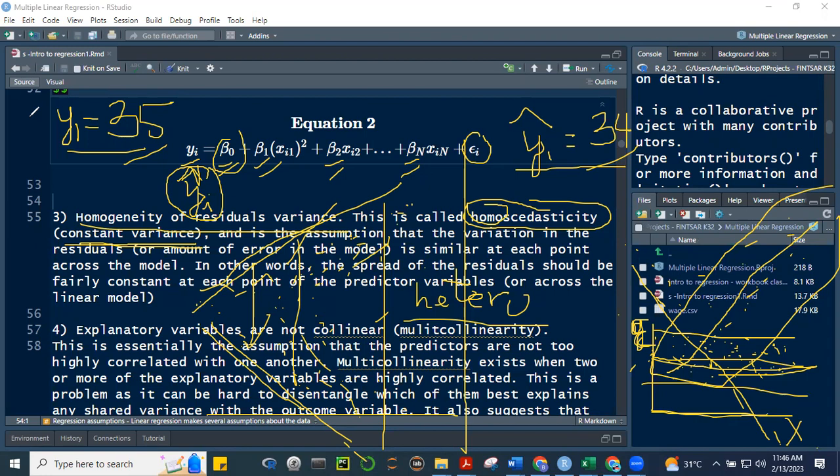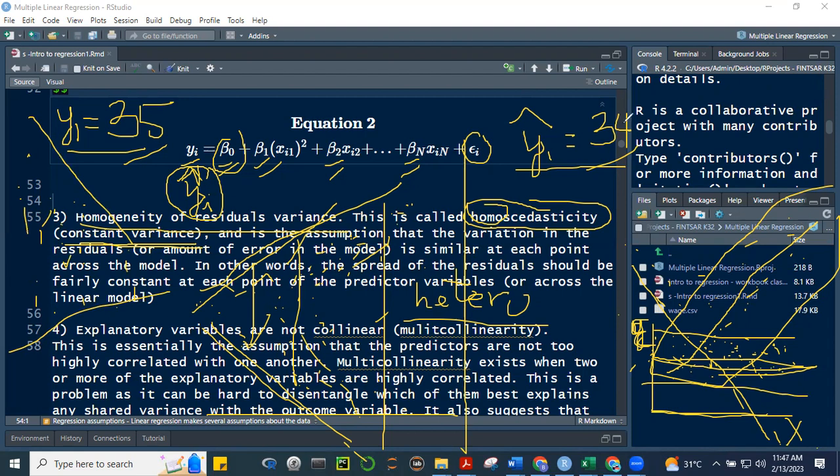If decreasing, it fans in like this. With this pattern, while x is increasing, our residuals get smaller. So this is non-constancy in variance, residual variance. This is also not constant, hence it's called heteroskedastic.